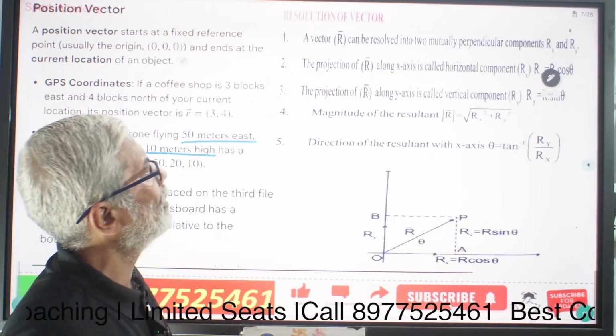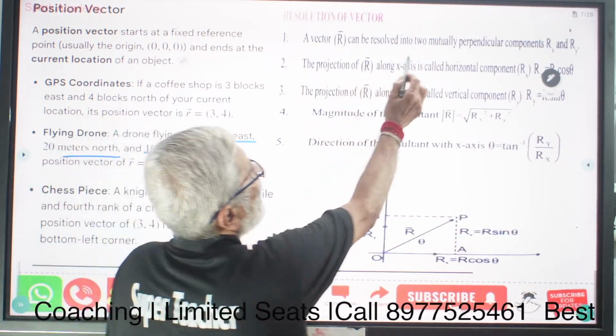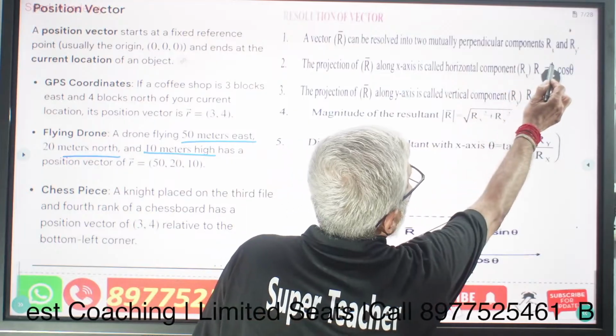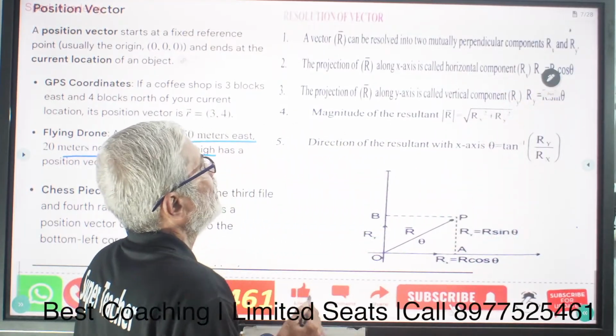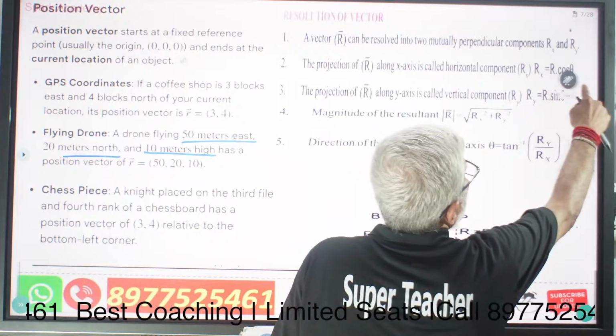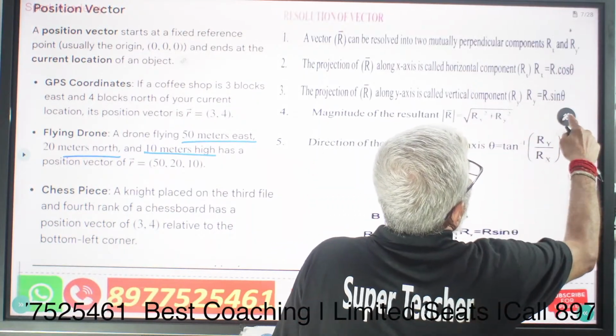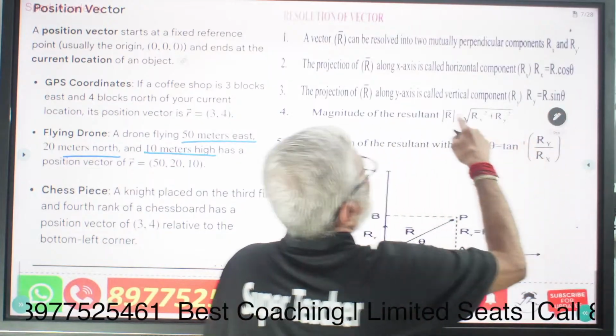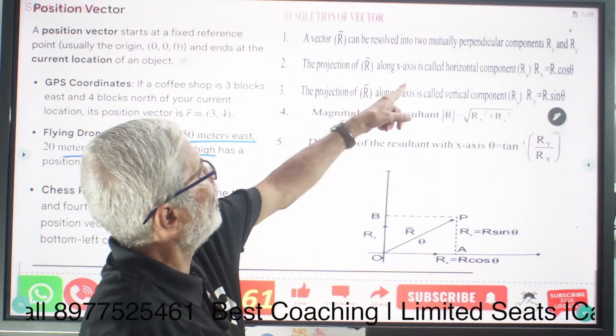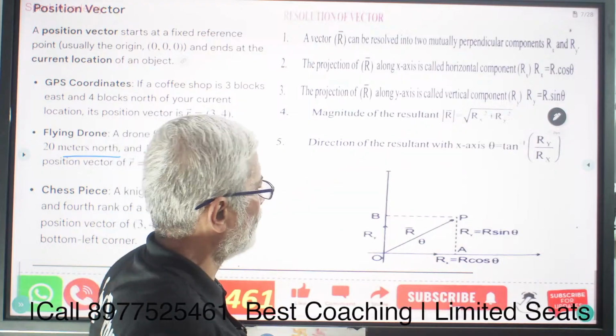So, resolution of a vector. Vector r can be resolved into two mutually perpendicular components, rx and ry. The projection of r along the x axis is called the horizontal component.